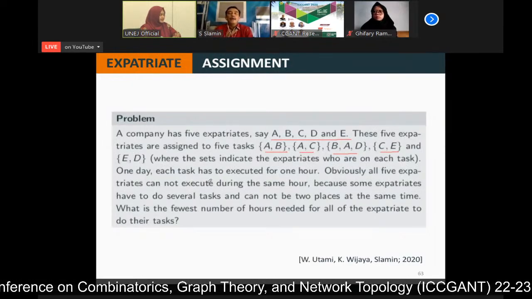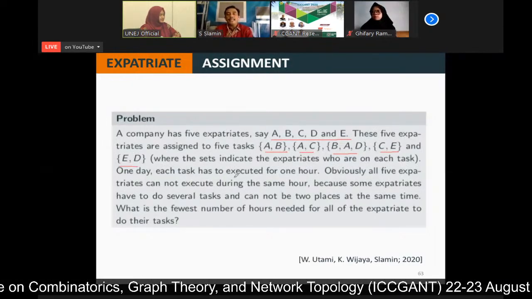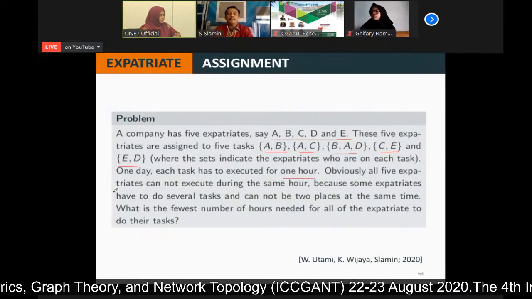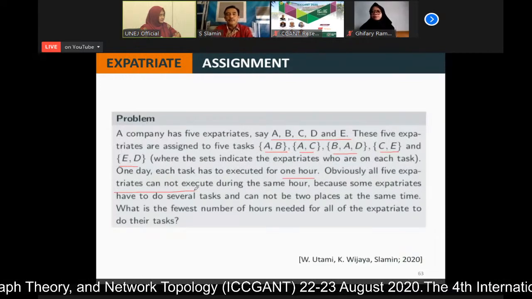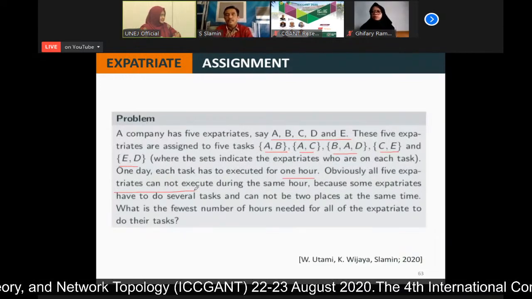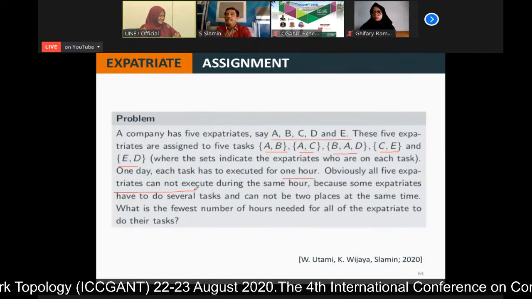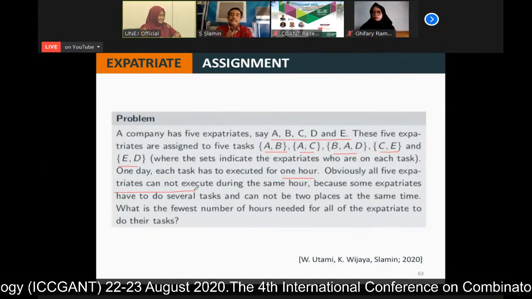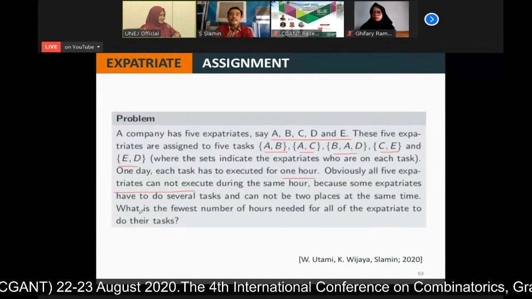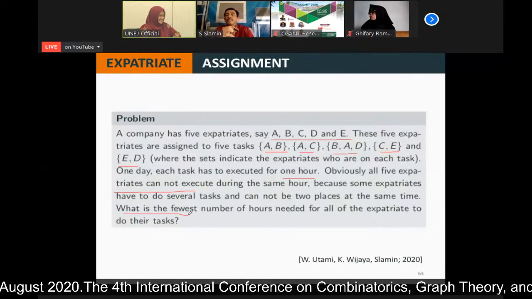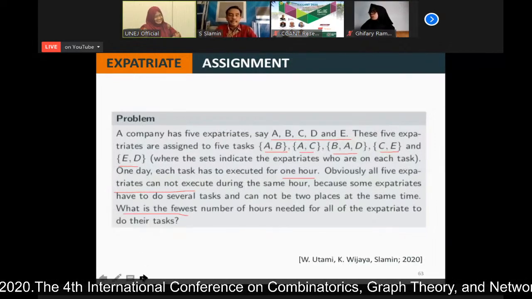One day, each task has to be executed for 1 hour. Obviously, all 5 expatriates cannot execute during the same hour, because some expatriates have to do several tasks and cannot be in 2 places at the same time. The question is, what is the number of hours needed for all of the expatriates to do their tasks?